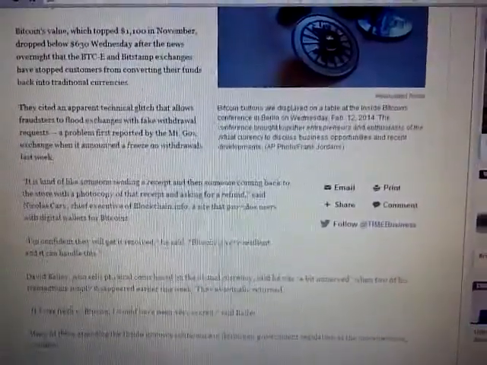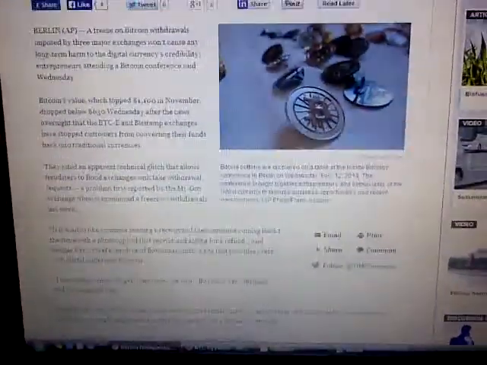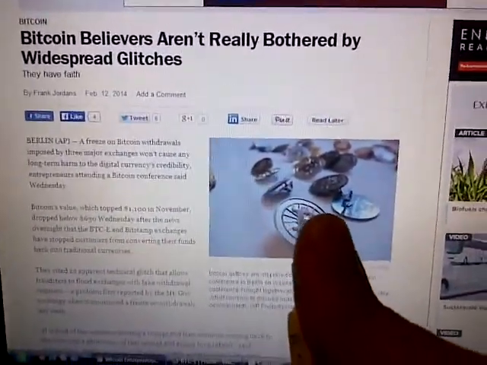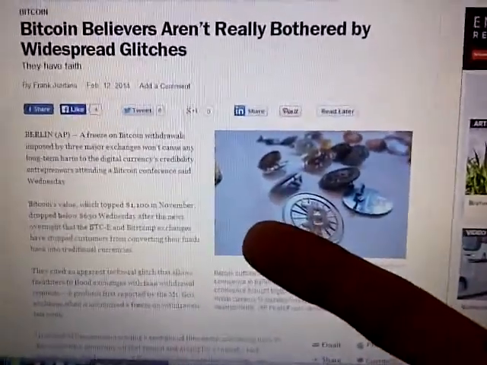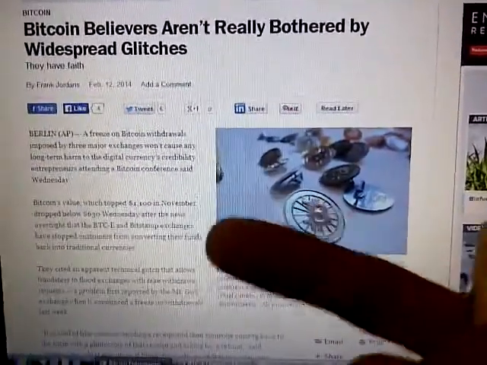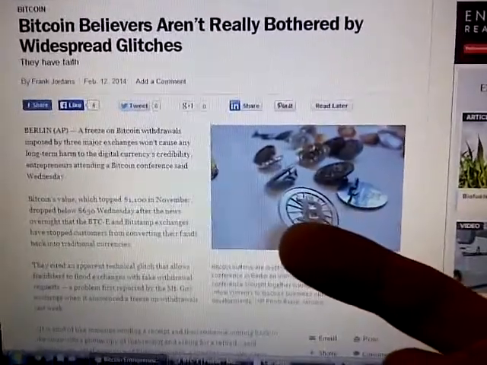So you've got to ask yourself who could be doing this. I've already mentioned banks. I already mentioned it could be the U.S. government, or an agency of the government, whatever. It could be a foreign government.